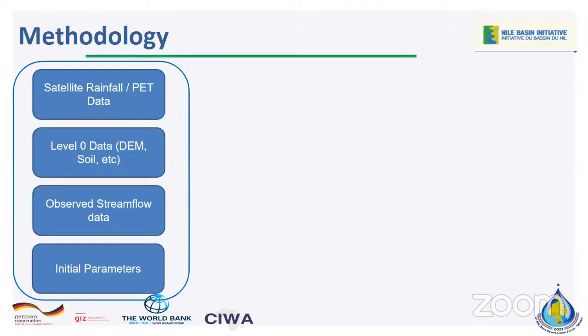There are many types of hydrological models. In this study, we use a fully distributed, grid-based hydrological model called the mesoscale hydrological model, mHM. In this study, mHM was applied to quantify and simulate the runoff and water availability of these transboundary river basins in the case study.